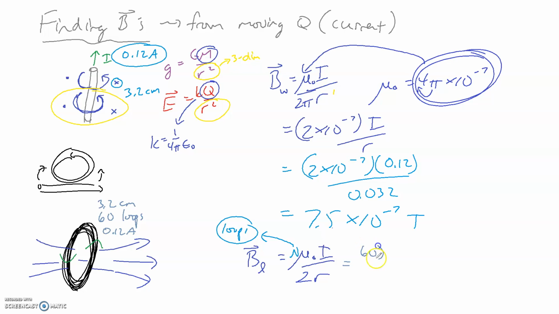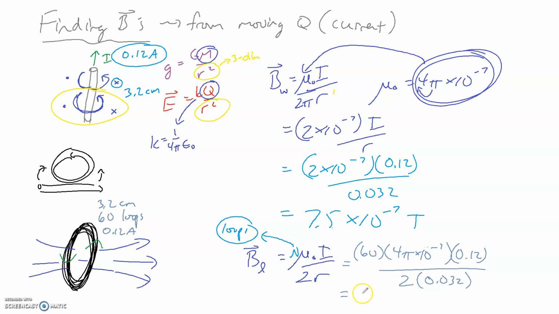So there's 60 loops of wire. The mu naught is 4 pi times 10 to the negative 7. The current is 0.12, and then you just divide by twice the radius, or just the diameter of the circle, and you will have the magnetic field inside the middle of that loop.